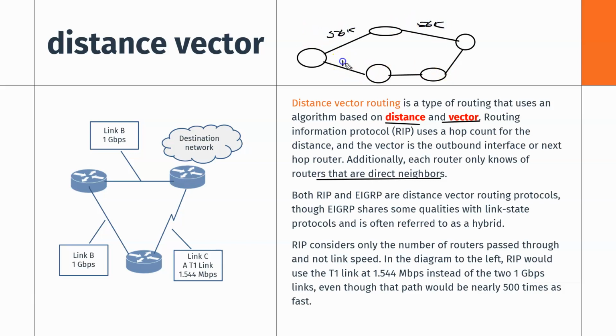And this is a 1 terabyte, and this is a 1 terabyte, and a 1 terabyte. It's going to pick the 56K because of the hop count. There is 1 hop here, and going this way we would have 2 hops. Going in this other direction, we would have 1, 2, 1, 2, and then 3 to get there.